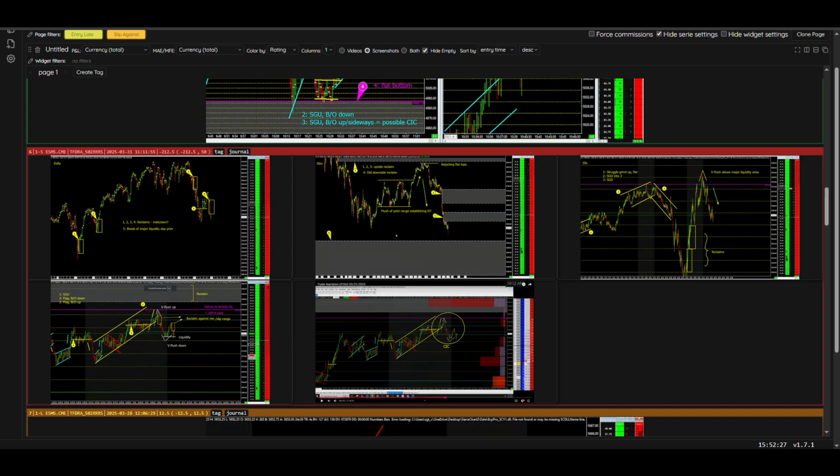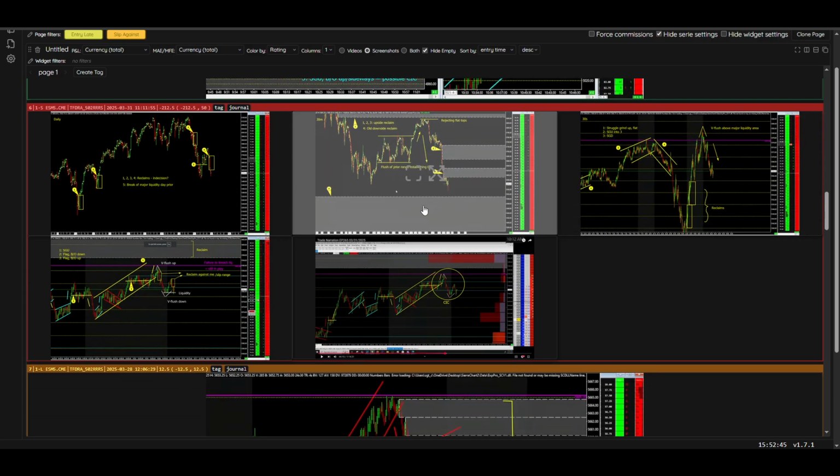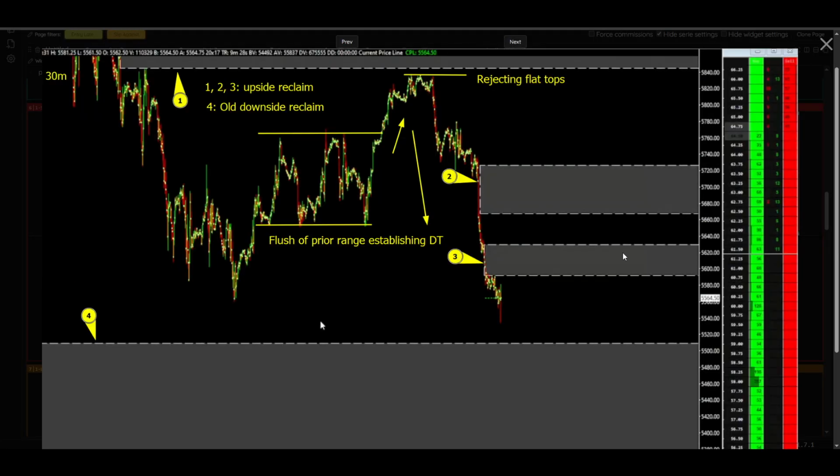Short. Short. Trade would not have worked out, but long against the reclaim. Long. I don't know why that's a management issue.